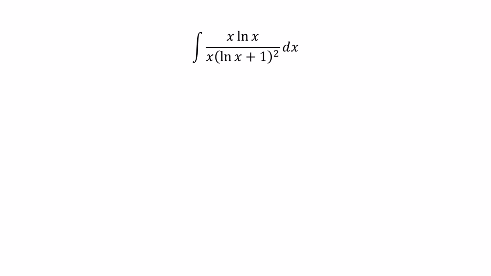Next, we integrate by parts. We start by choosing u equals x ln of x and dv equals 1 over x times ln of x plus 1 squared dx.